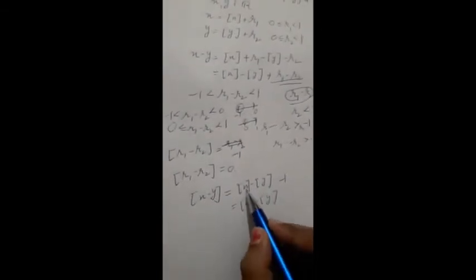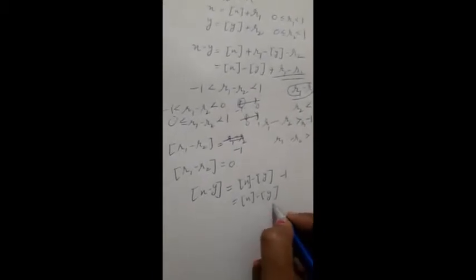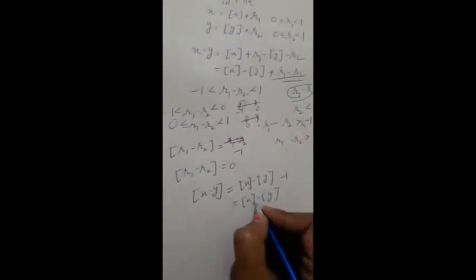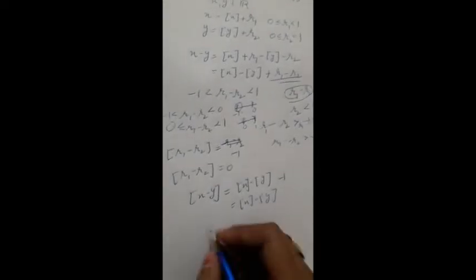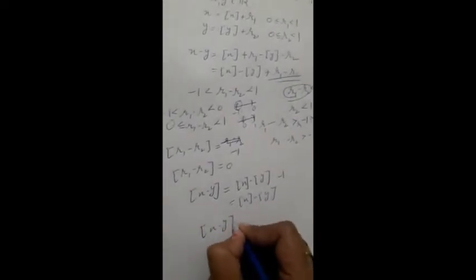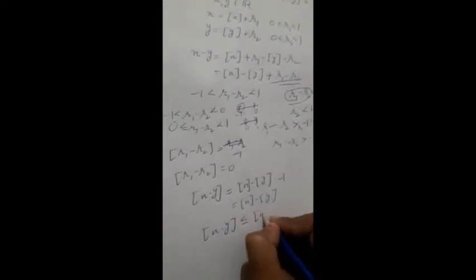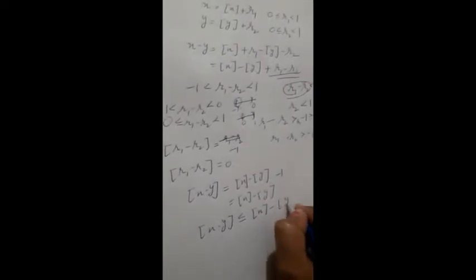So we are having two values: greatest integer x minus greatest integer y minus 1, or greatest integer x minus greatest integer y. So the bigger one is this. So greatest integer of x minus y is less than or equal to greatest integer x minus greatest integer y.